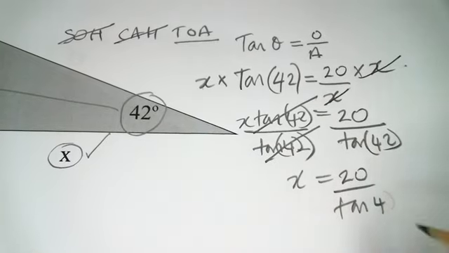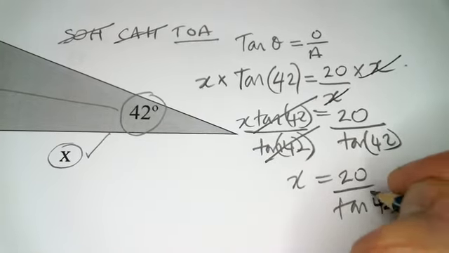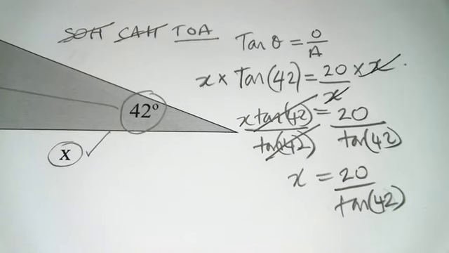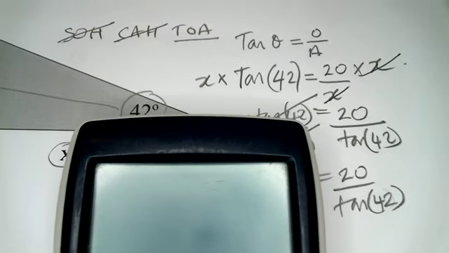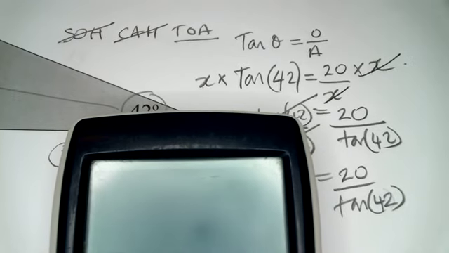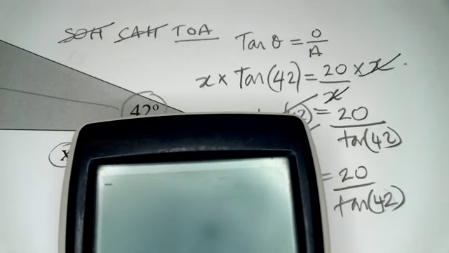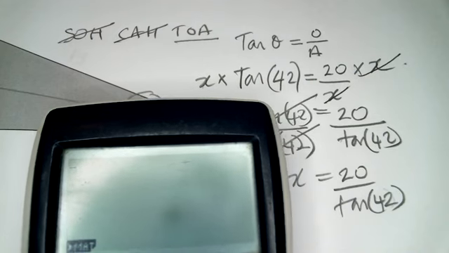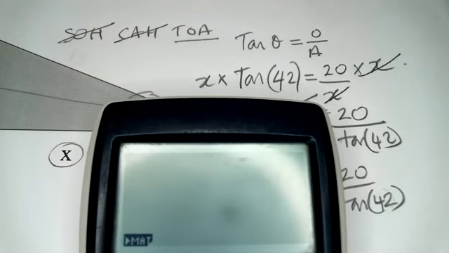So tan 42. This is where I'm going to use a calculator. And fortunately, these days calculators can make life pretty easy with all the different things they can do. So I'm just going to put this straight into the calculator. I'm going to have 20 over tan 42. Lots of ways you could do this. I'm going to use the fraction button in this case.